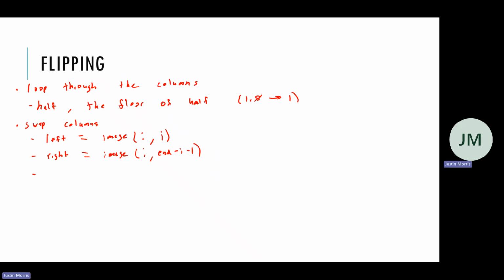You need some temporary to hold, but we have two, so we have one extra. We wouldn't need to hold left and right. We could just hold left and then put right into it and then put left into what is right. So how are we gonna put left into right and right into left of the image?